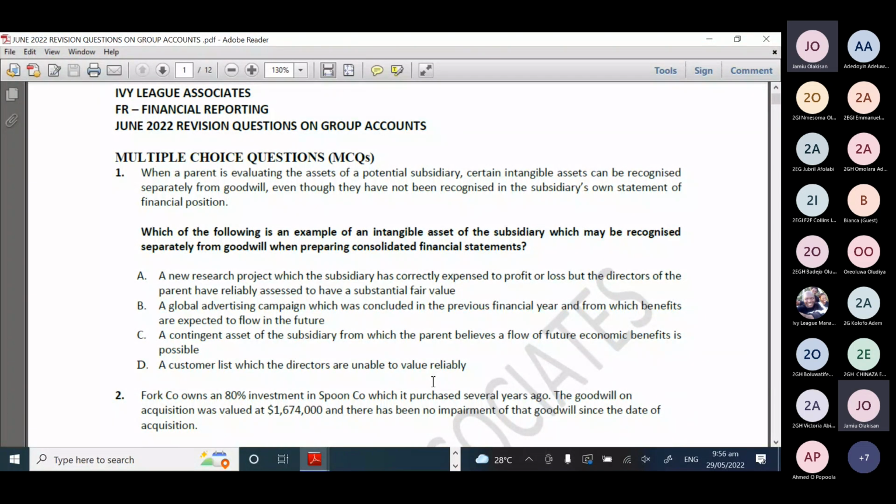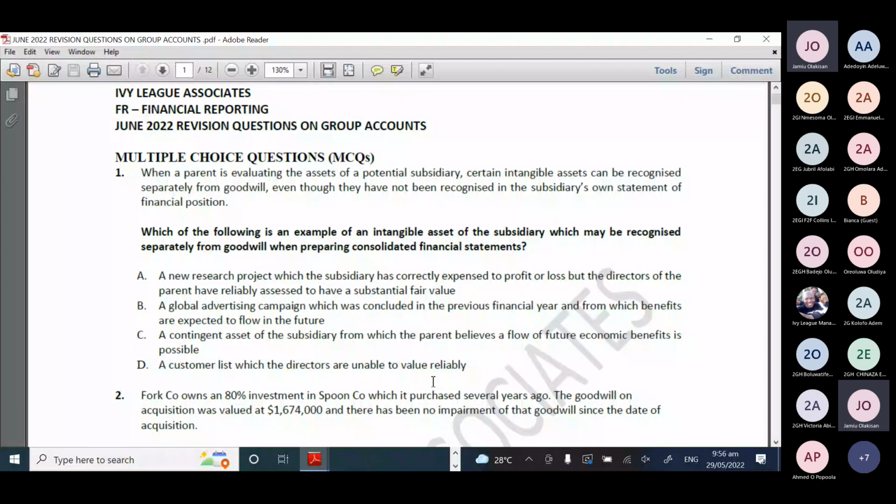Are we together? That one, you can put as prepayment, but not as intangible asset. Prepayment, because you have made a payment to AIT and it has not rendered the service to you. So you can put it as prepaid expenses, and put it under assets in your SFP, but not as an intangible asset.